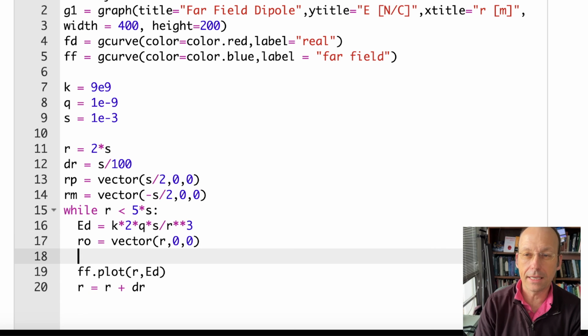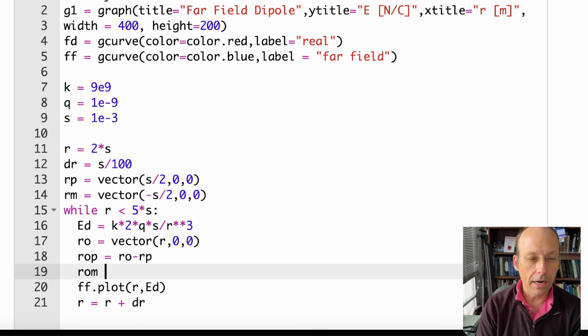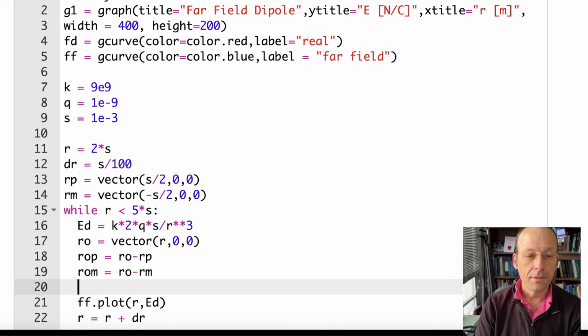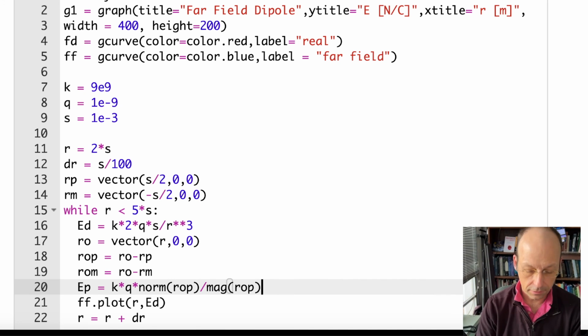And now I can calculate RO plus. RO plus is going to be RO minus R plus. RO minus is RO minus R minus, right? Just like I did before. Now I can calculate E plus. E plus is going to be equal to K times Q times norm RO plus divided by mag RO plus squared, right? That's my actual electric field.